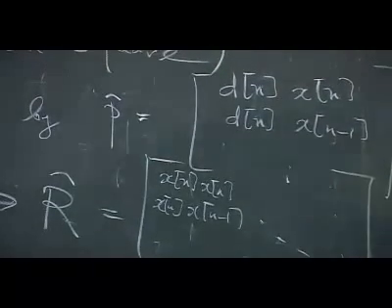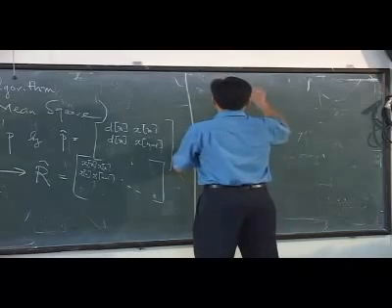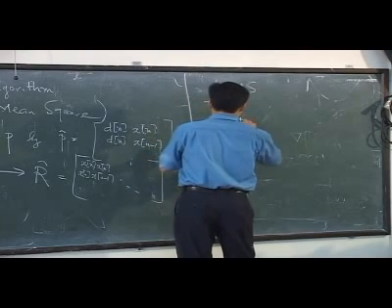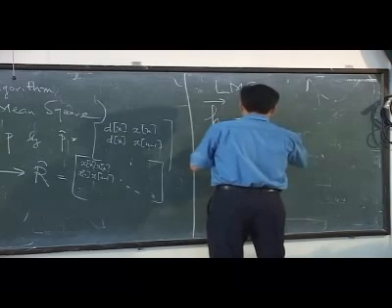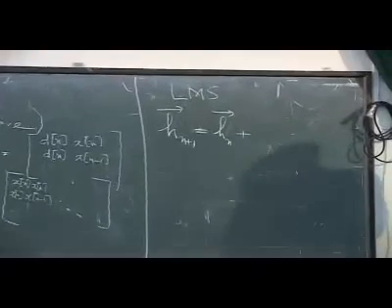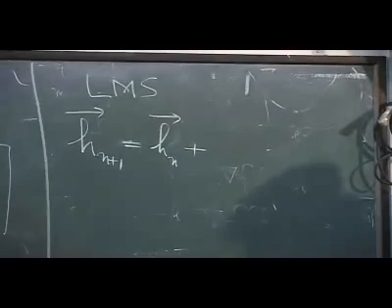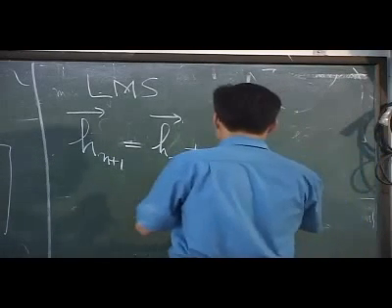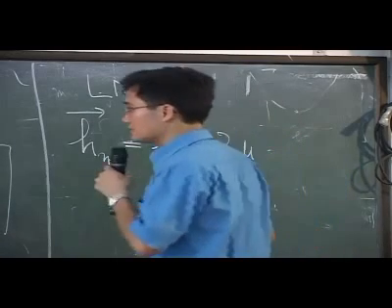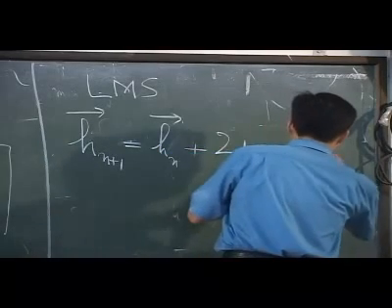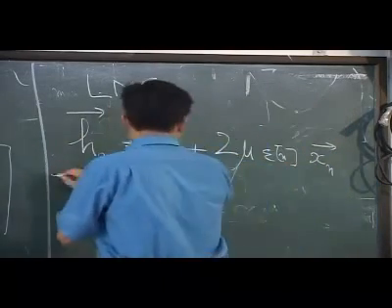By replacing that, I get a very simple LMS formula here: h of n plus 1 is equal to h of n plus 2 mu times the error of n multiplied with this vector x of n. That's the LMS updating formula.